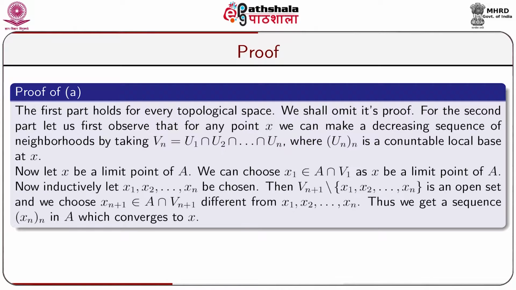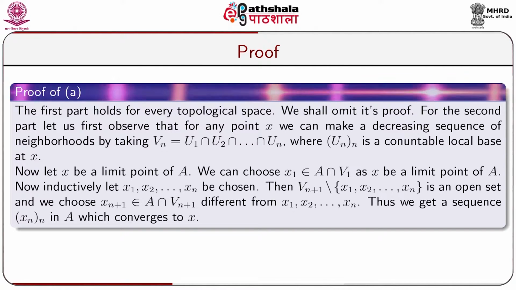Let us consider Vn+1 minus the set containing the points x1, x2, ..., xn. This is an open set, in fact an open neighborhood of small x, as the finite set x1, x2, ..., xn is closed.